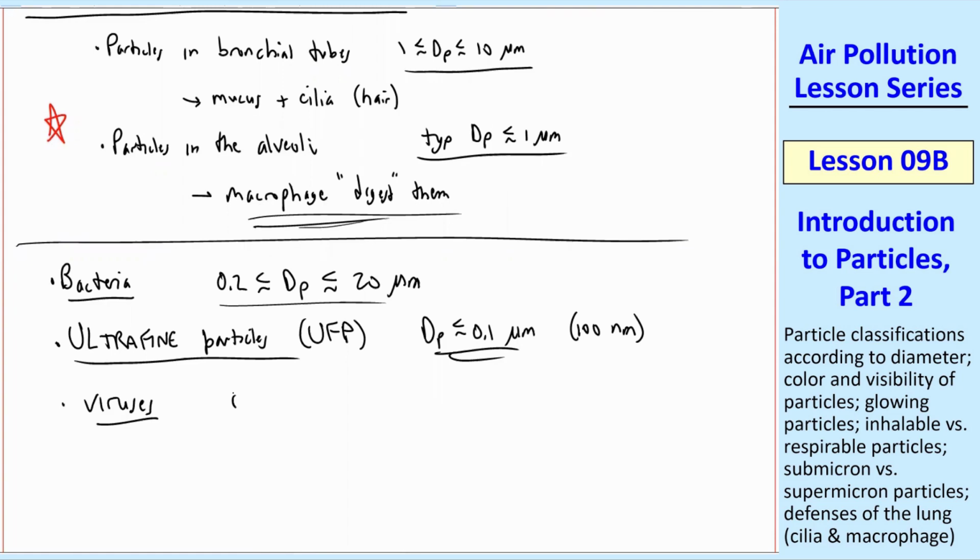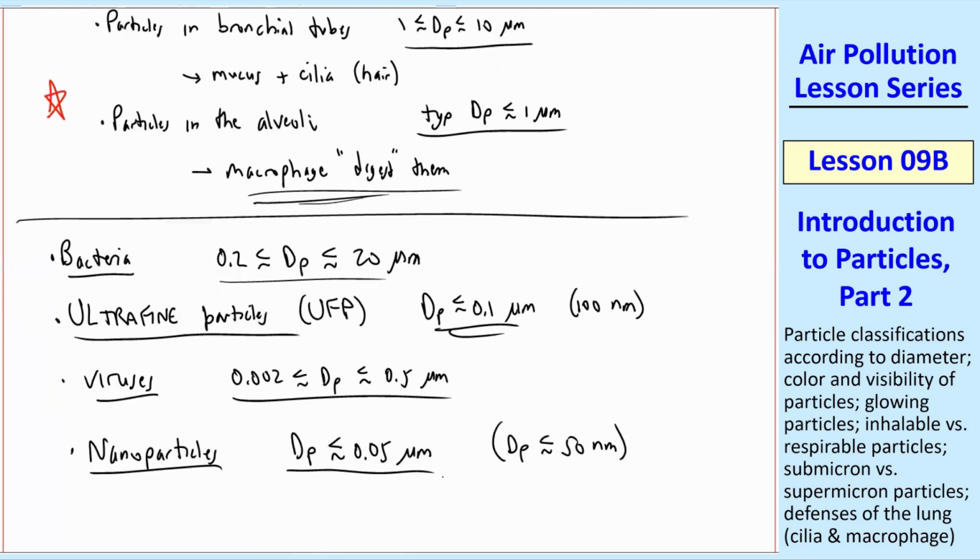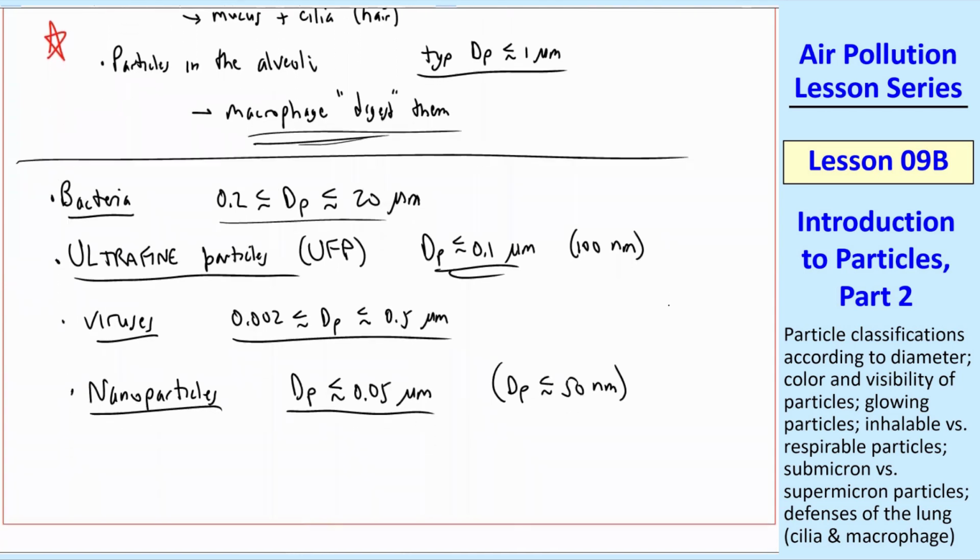Viruses are generally much smaller than bacteria. Viruses can be as small as 0.002 up to as large as about 0.5 microns, although those are rare. Coronavirus is around 0.125 microns. Nanoparticles, this is in the news lately because they're starting to use them for lots of things. They're defined as particles less than 0.05 microns, which is 50 nanometers.